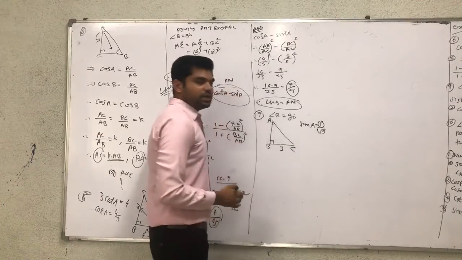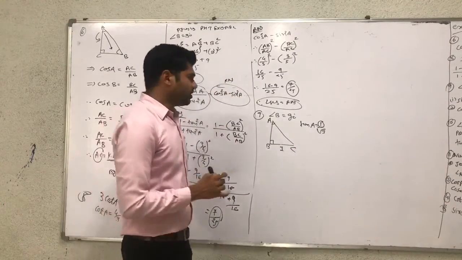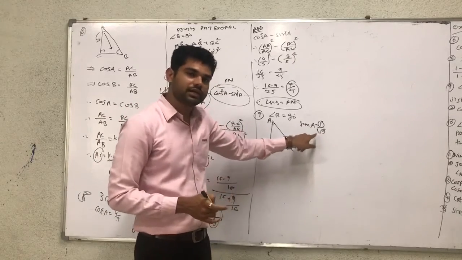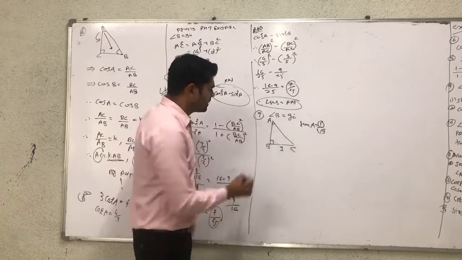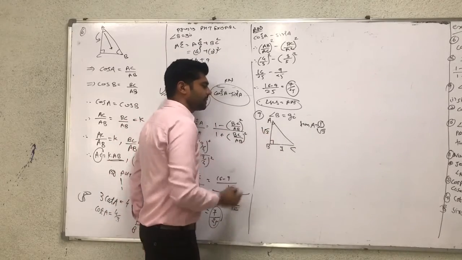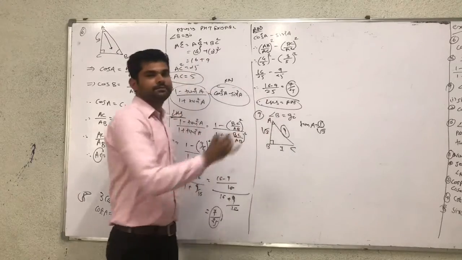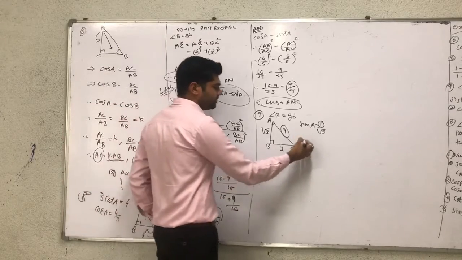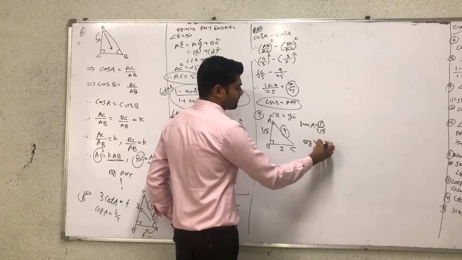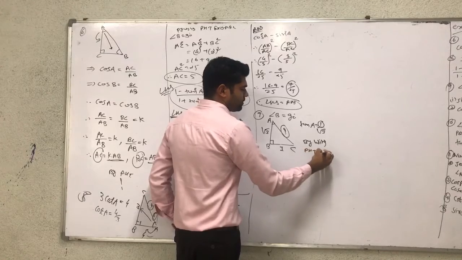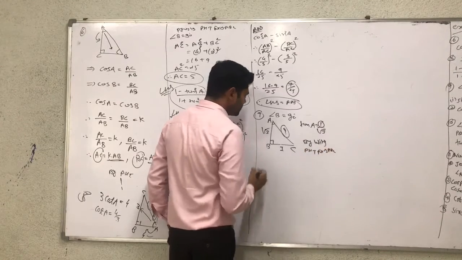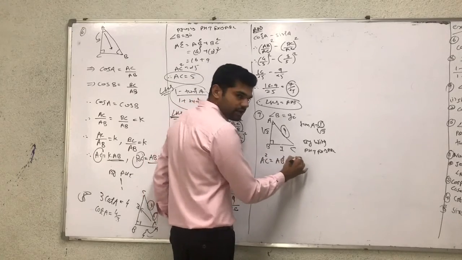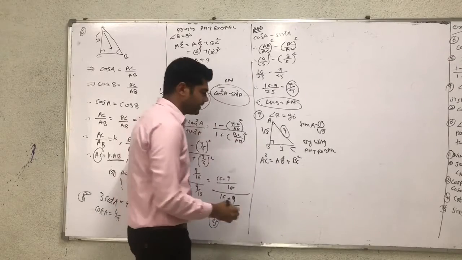Now under root 3 is in the denominator, and the ratio is opposite side divided by adjacent side. So under root 3 is the adjacent side of angle A. Now find the value of AC by using Pythagoras theorem. Angle B is 90 degrees. So for triangle ABC, AC square is equal to AB square plus BC square.